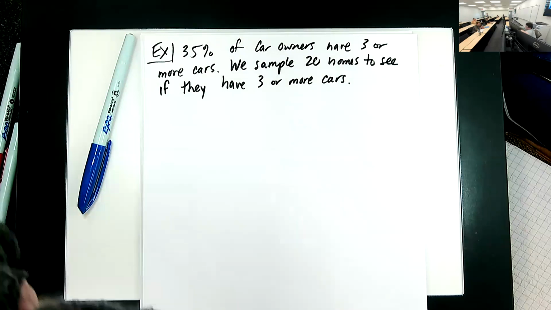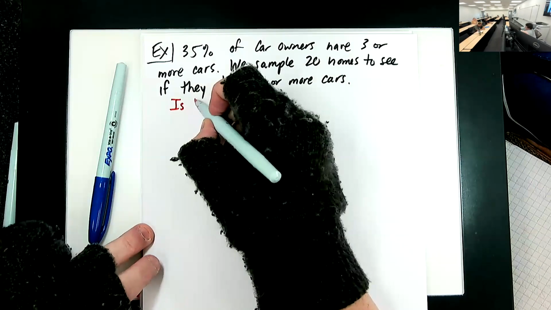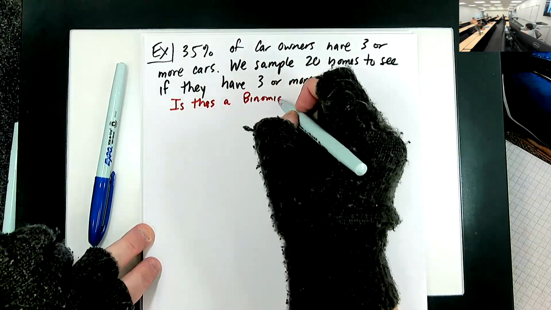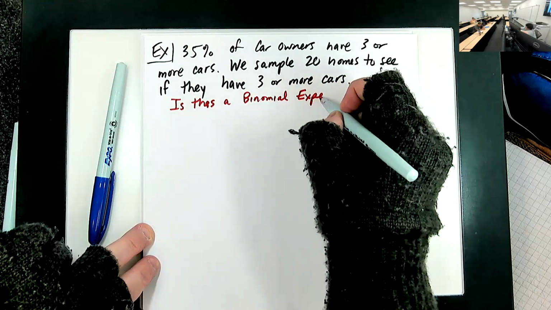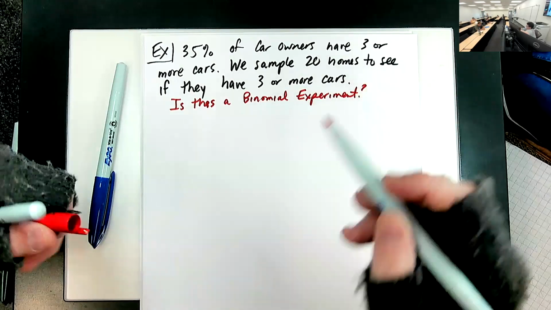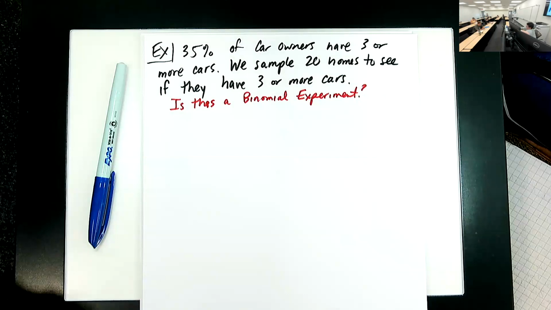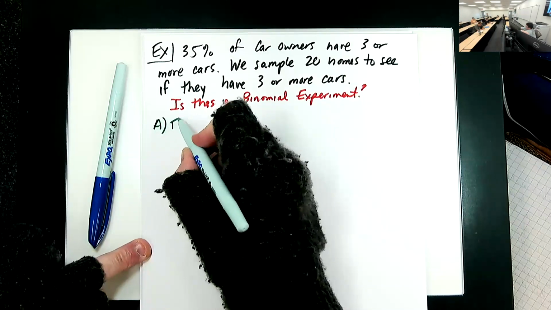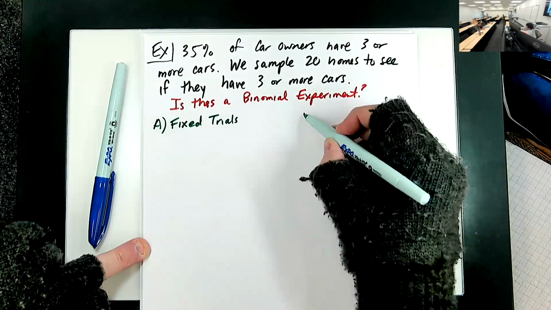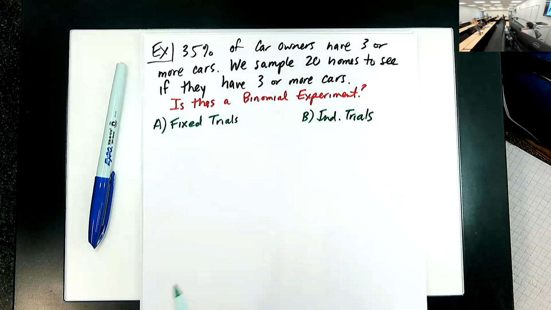So first thing, is this a binomial distribution, or is this a binomial experiment? A was fixed trials, and B was independent trials. Are these both met?